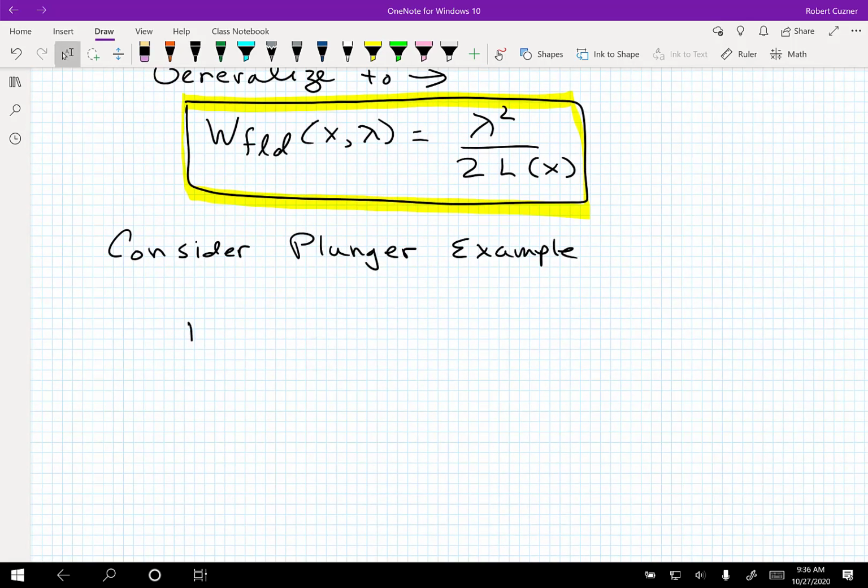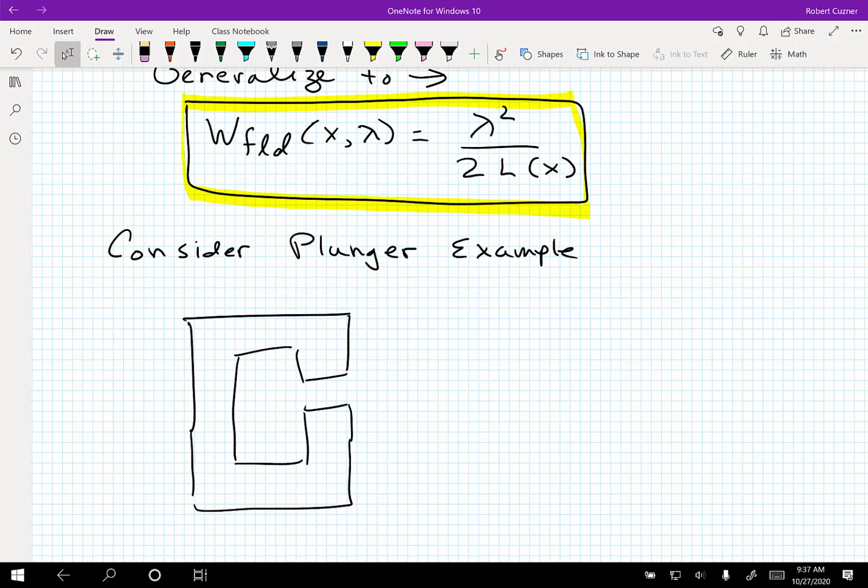So let's consider a plunger, which had a structure like this. It was a magnetic structure, core material, but then we had this gap that we cut out of this material here. And that gap can move in an X direction.